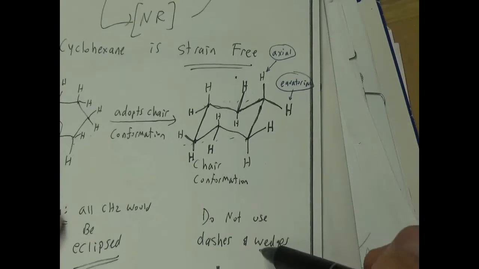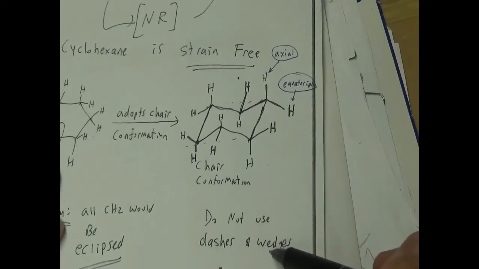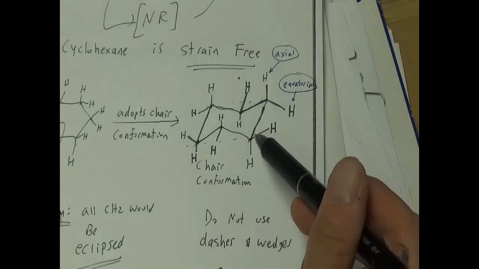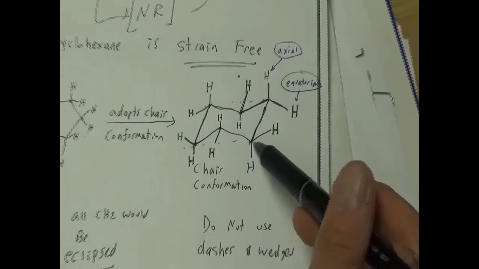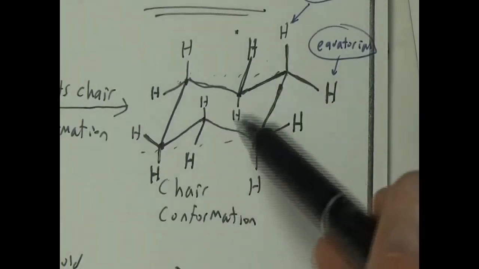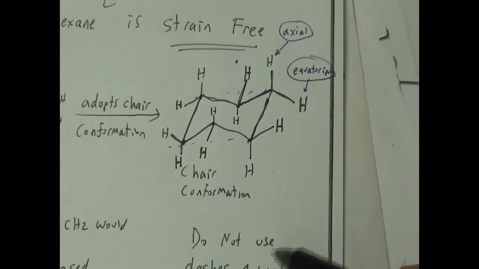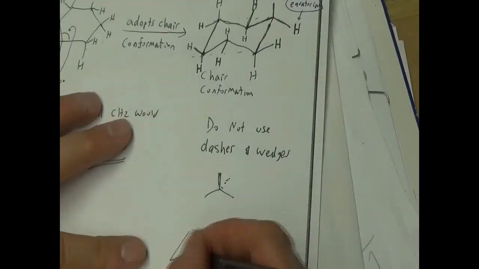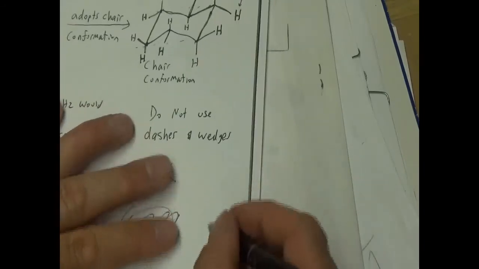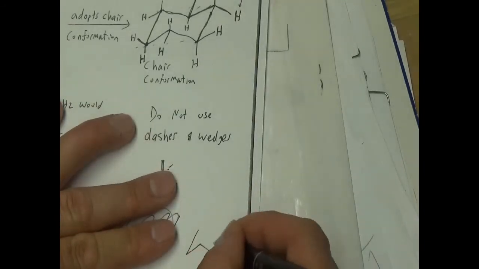All right. So when we draw chair cyclohexanes, all of the three-dimensionality is drawn in the ring. There are no dashes and wedges. I just made the bonds a little bold-faced, but that's just the way I drew it. Never use dashes and wedges. Some students are going to be doing this on the quizzes, thinking, well, I'm just going to quickly draw it.